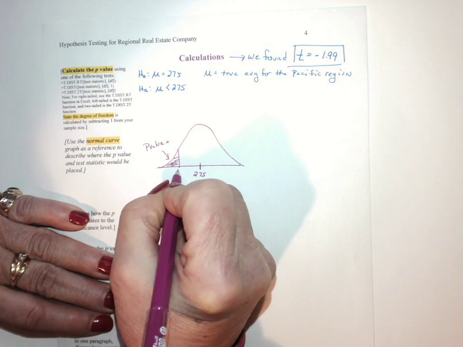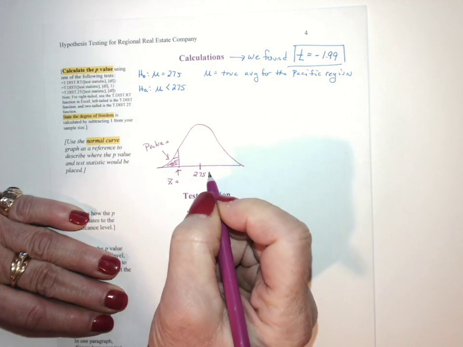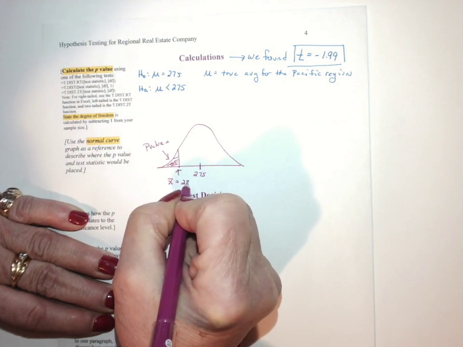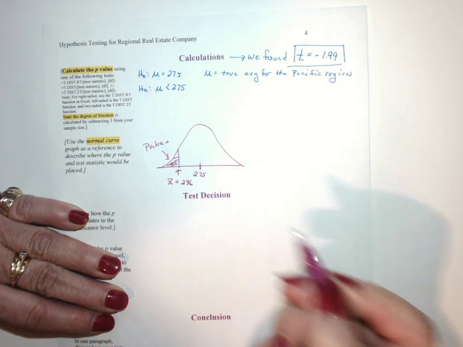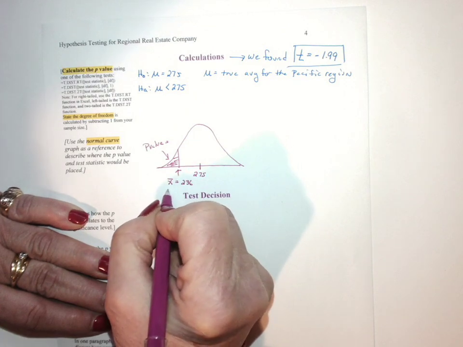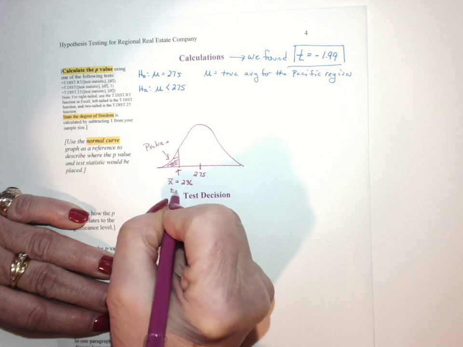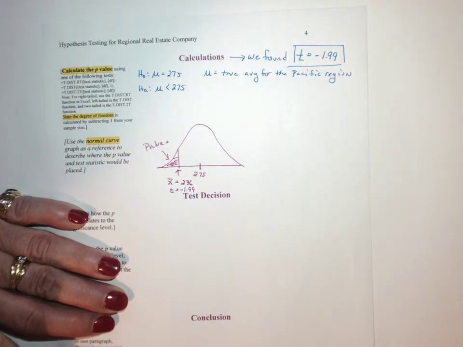We had a sample mean here of $236 compared to our sales rep, which resulted in a t statistic. We did all the calculations, and we got t is equal to negative 1.99.